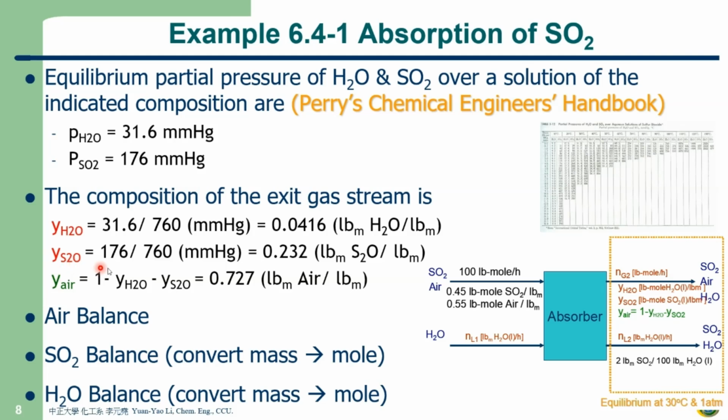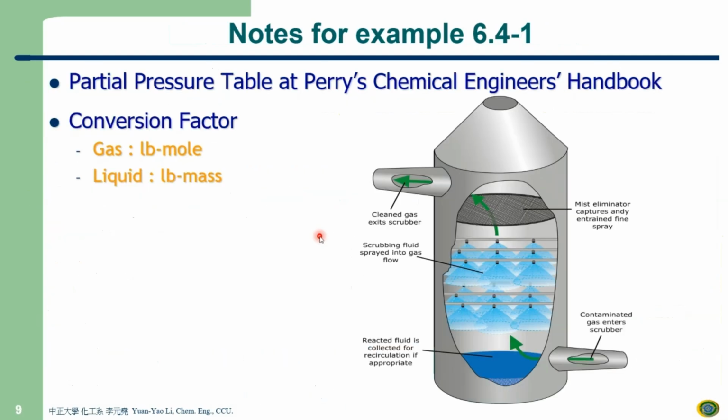The thing to be careful about is that this is pound mass. In gas, we always use moles, but in liquid, we always use mass, so you need to know how to do the conversion. That's the key. Otherwise, I think this is not a difficult example.